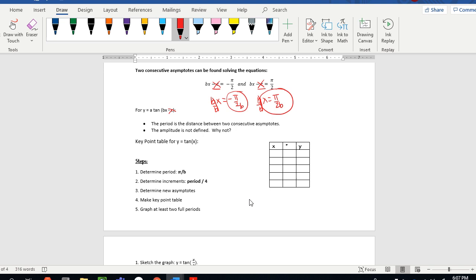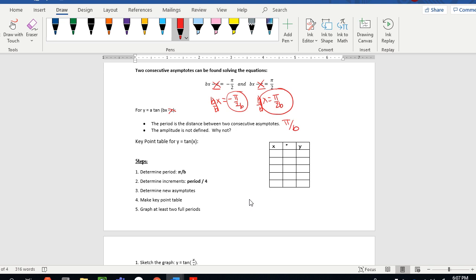Normally it would be 2 pi over B, but it's only pi over B because it's half of the standard. Whoa, tangent's evil.